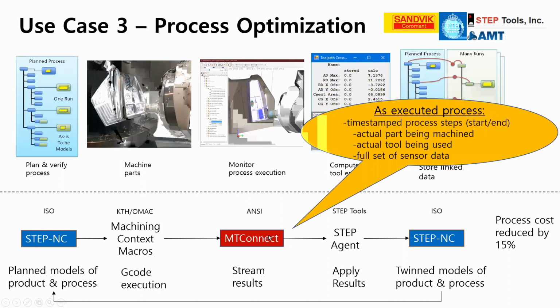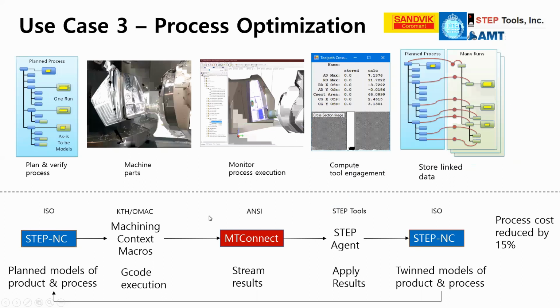So it will be an enriched MTConnect stream for the digital twin app to process. And in order to do this, we provide a feedback loop in the context of the planned information, so from the executed process back to the planned process.